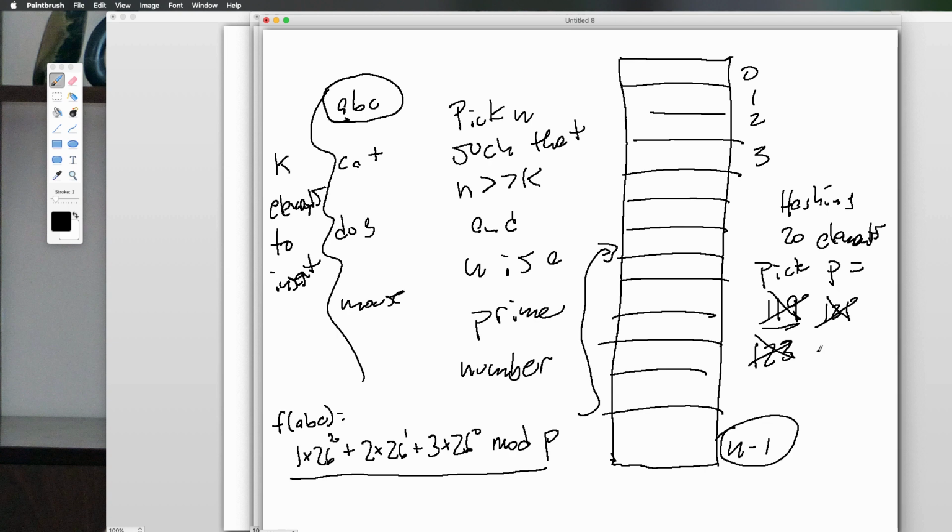So you can see we can spend a lot of time doing this. 127: 3 doesn't go into that, 5 doesn't go into that, 7 doesn't go into that, 11 doesn't go into that. So that is a prime. So if I were going to hash 20 elements, I might pick p to be 127, and I would be doing these calculations right over here.